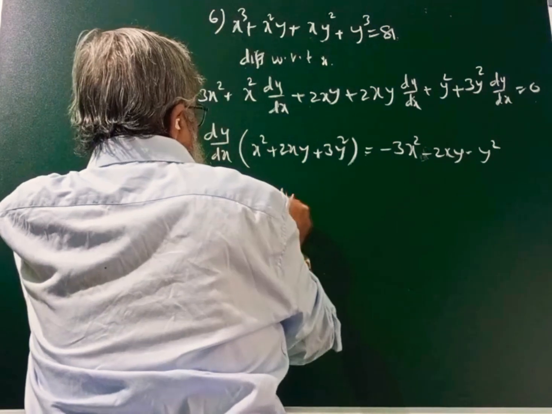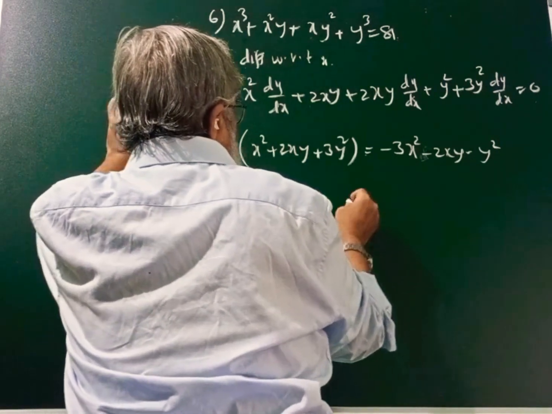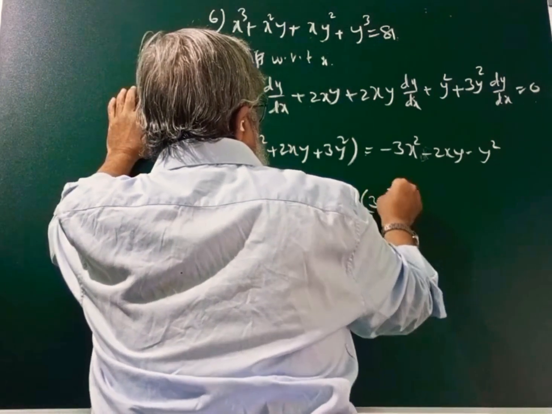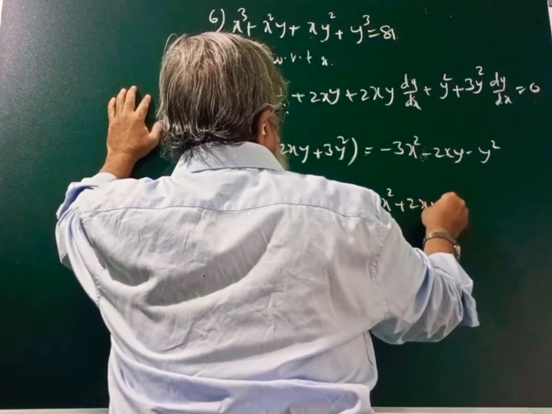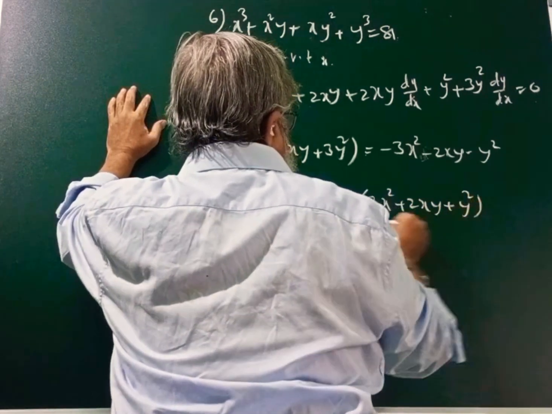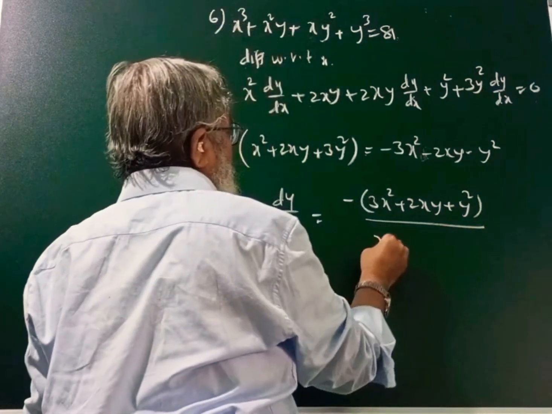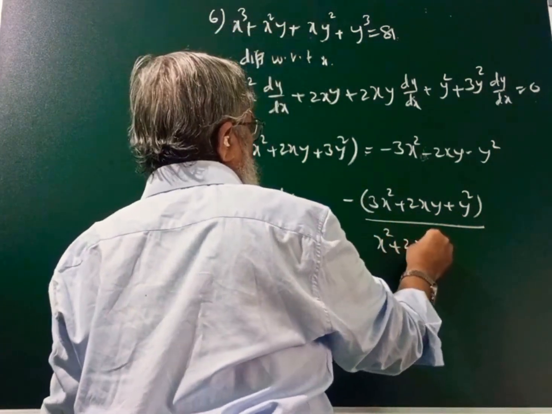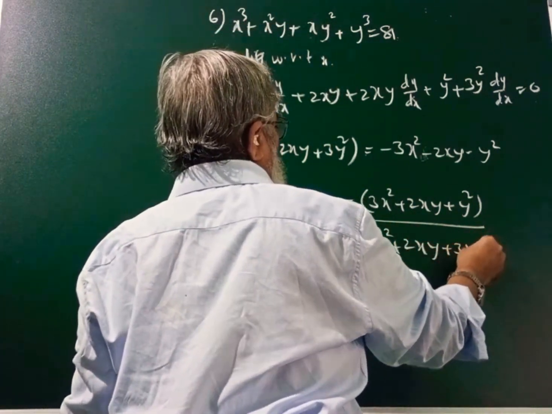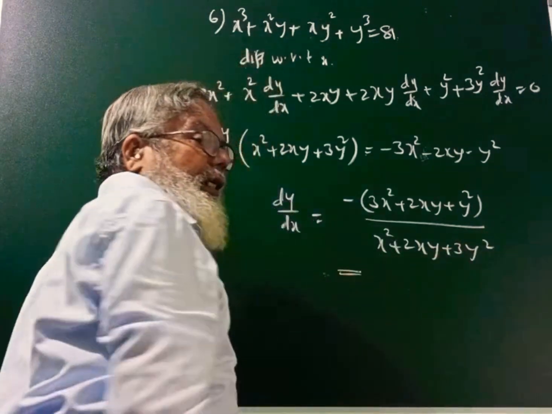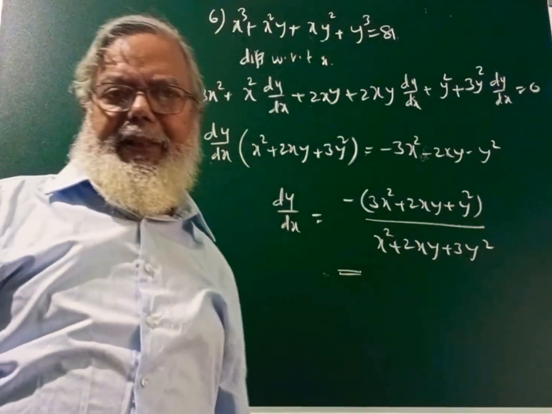Therefore, dy by dx is equal to, you can take the minus sign common, minus 3x square plus 2xy plus y square divided by x square plus 2xy plus 3y square, is the value of dy by dx.